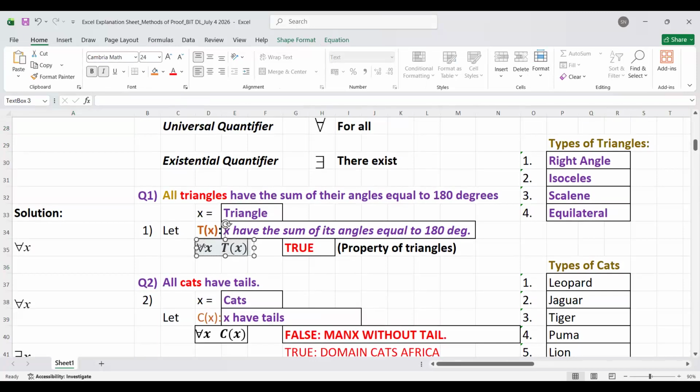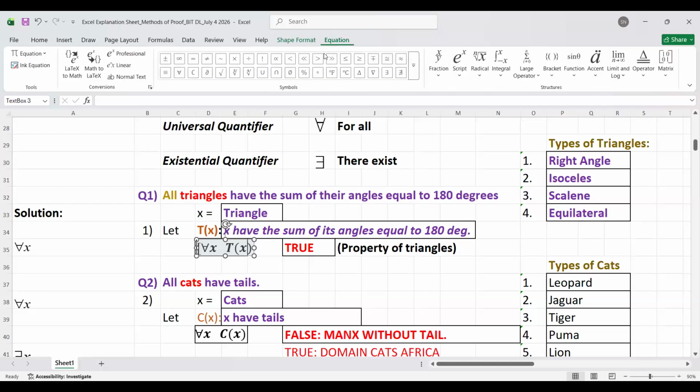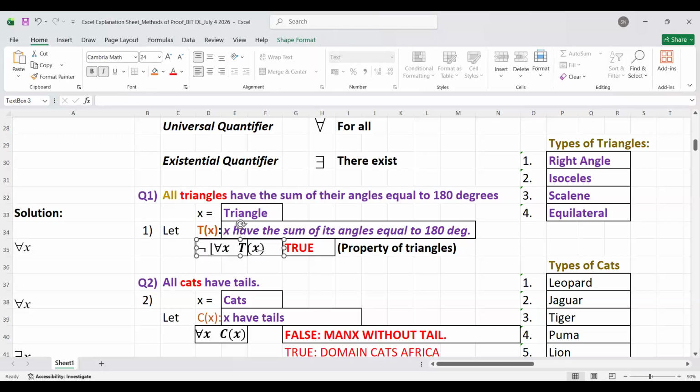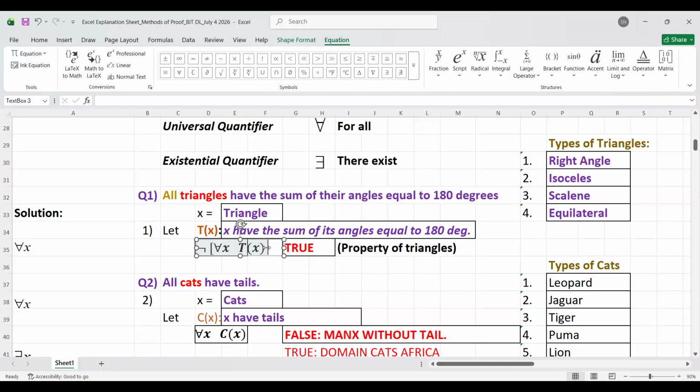If I place this in a bracket, and before it, I ask you to negate it, so let's say that I ask you to negate this statement. Who can read the negation based on what I've just shown you? Negative for all x, T of x. How would this statement read?